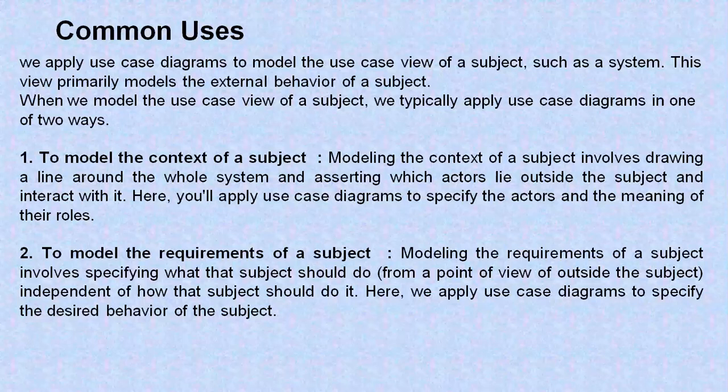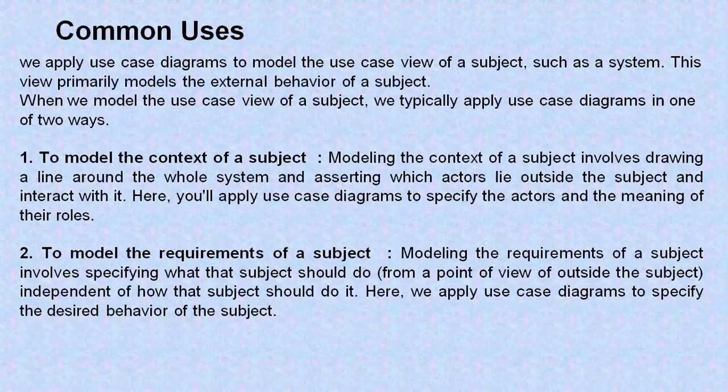Here, we apply the use case diagram to specify the actors and the meaning of their roles. Modeling the requirements of a subject involves specifying what the subject should do from a point of view outside the subject, independent of how the subject should do it.